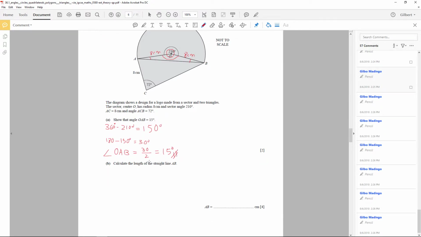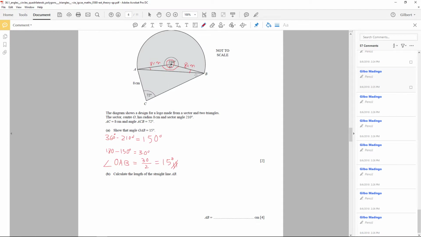Now, calculate the length of the straight line AB. Looking at this AB line here, we only have information from this upper triangle up here. So, using your cosine formula, a square equals to b square plus c square minus 2bc cos A, substituting your values in, AB square, the one that we're looking for, is equals to b square and c square.